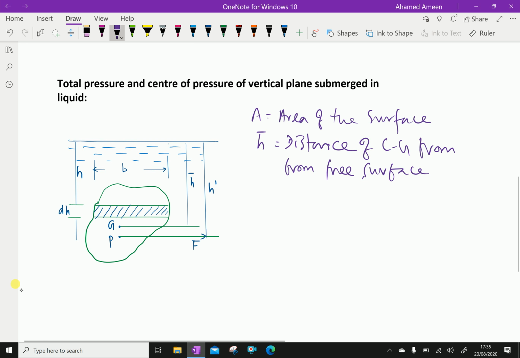Here this is a point G, and its distance from the free surface is h bar. P is the point of center of pressure, G is the center of gravity.